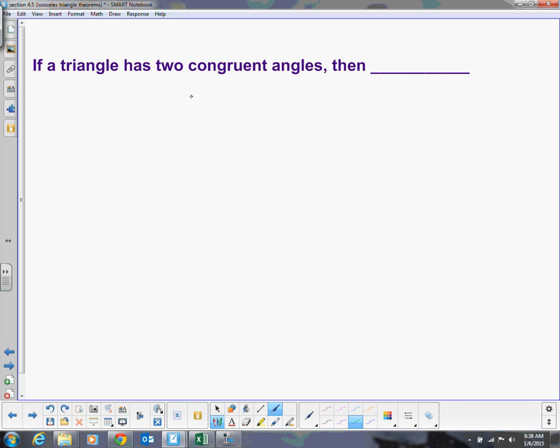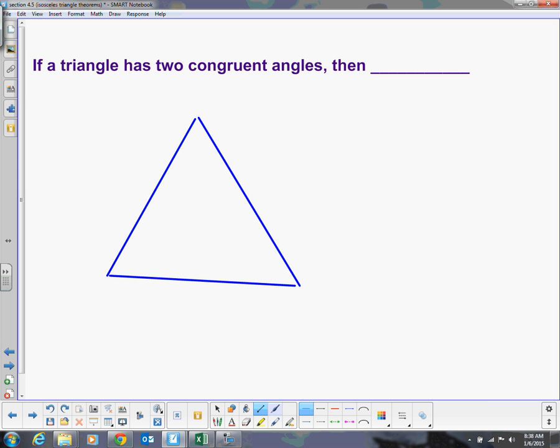If a triangle has 2 congruent angles, we're doing the converse, all right? Now what you're going to be told is, let's say this angle is equal to that angle. If you have 2 congruent angles, what do you know about their opposite sides? They're going to be congruent, okay?